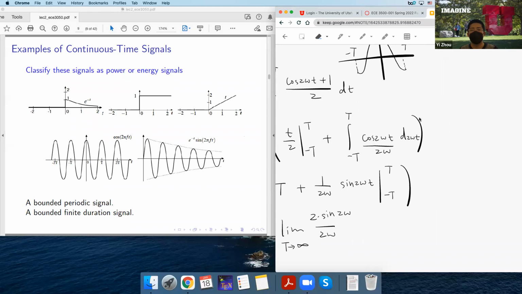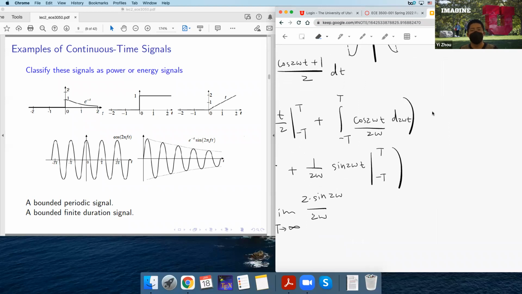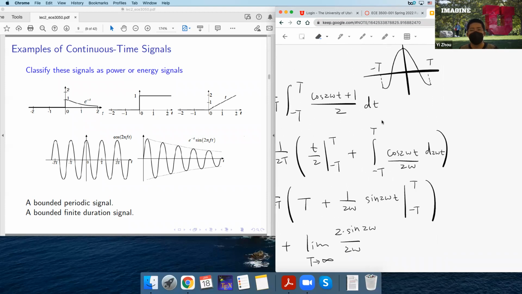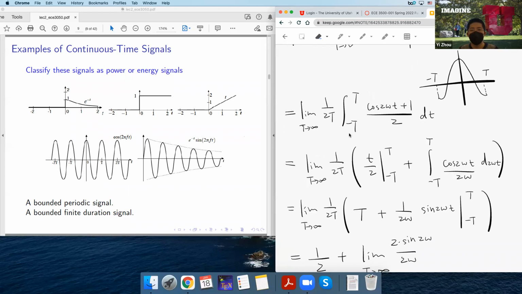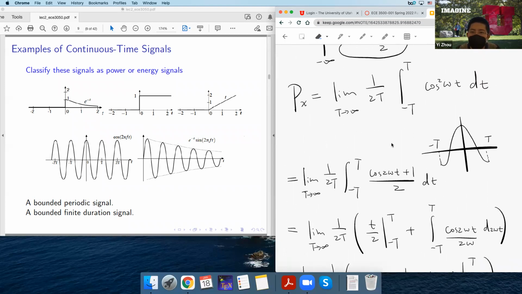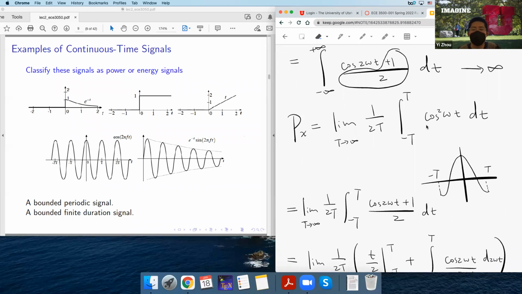So here I'm looking at, from here. Oh no, so we are starting from here, right? We're starting from here, and this cosine square equals this one.